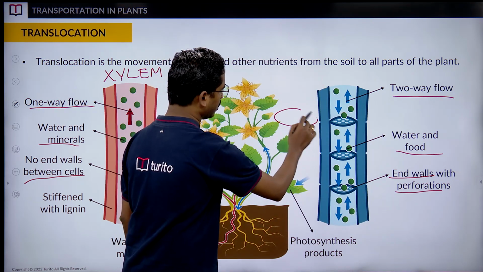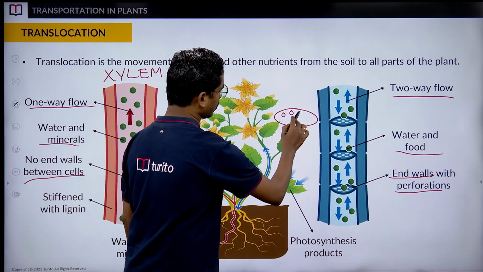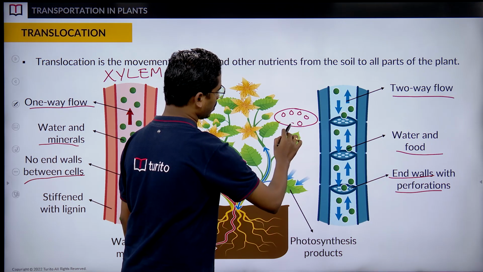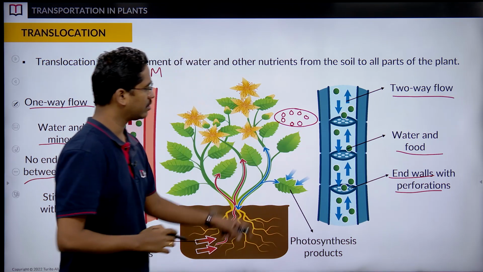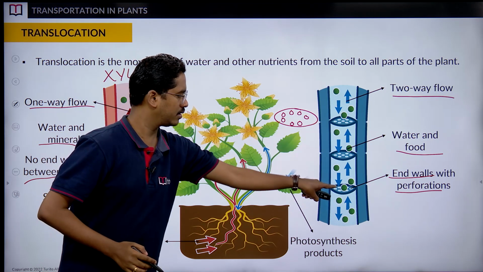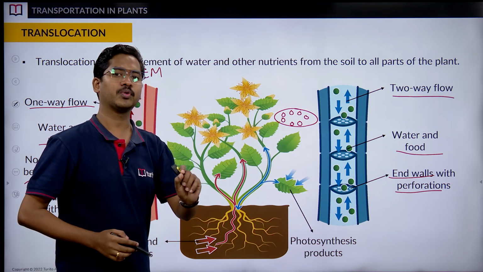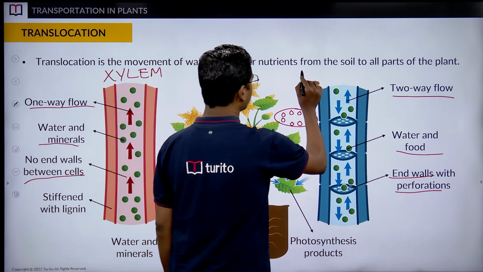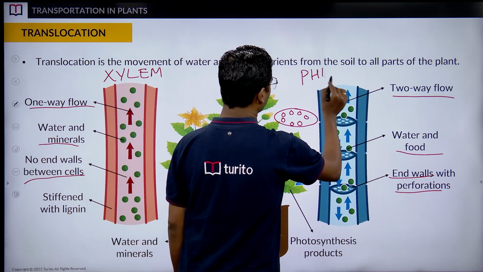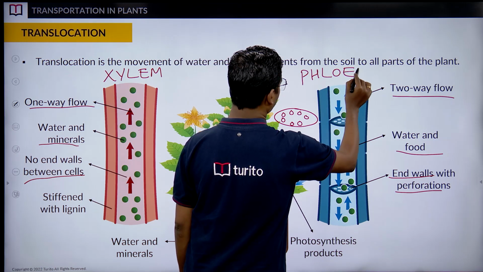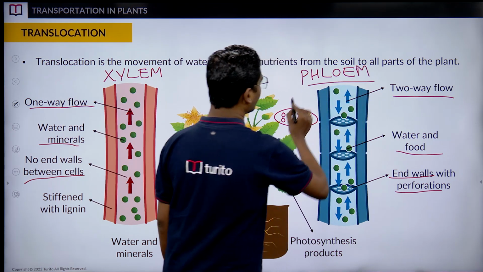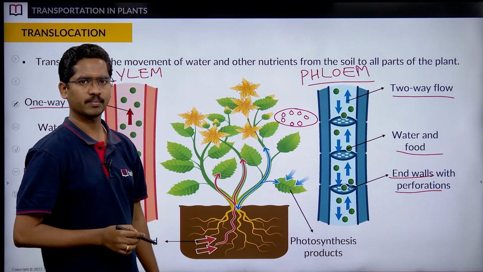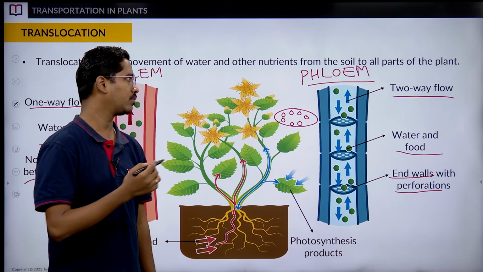So, can you see that? Can you see this kind of plate is available here? That is the prominent character exclusively present in the case of phloem. Understood? That is the prominent character.